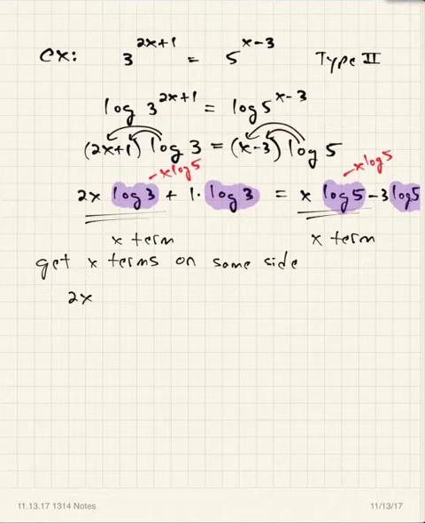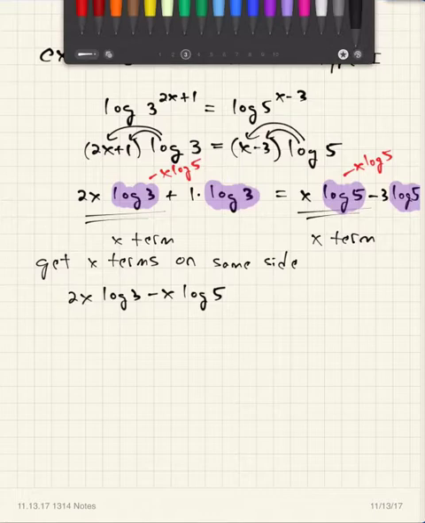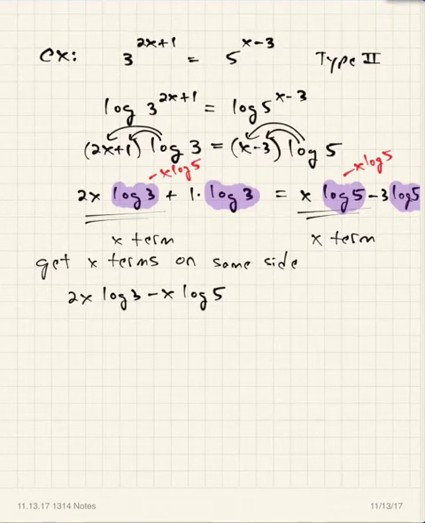So you have 2x log of 3 minus x log of 5 on the left side of the equation. And then in the same step here, we can go ahead and move the log of 3, which is a non-x term, to the other side. So I subtract log 3 on this side, and I subtract log 3 on this side of the equation.